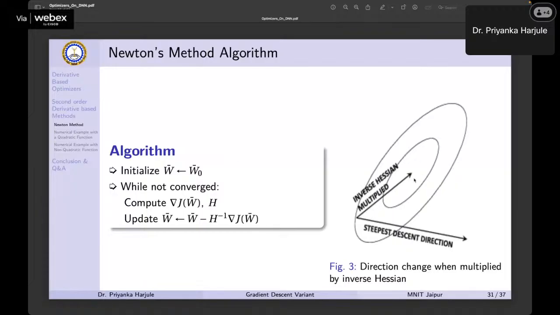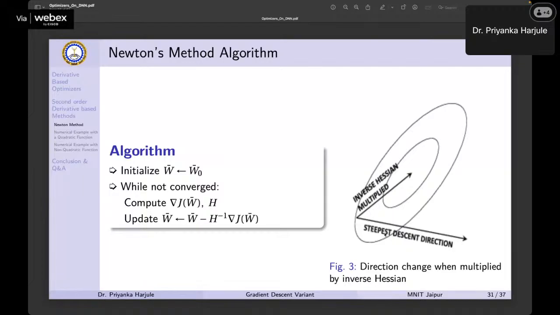So pre-multiplication with the inverse of the Hessian achieves this goal. So this is how the effect of pre-multiplication of the steepest descent direction with the inverse Hessian looks like.